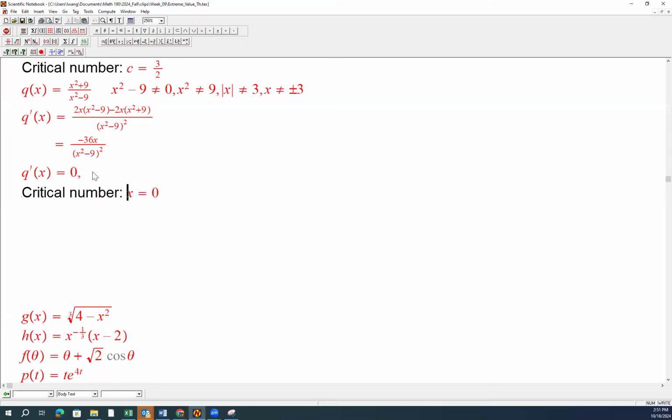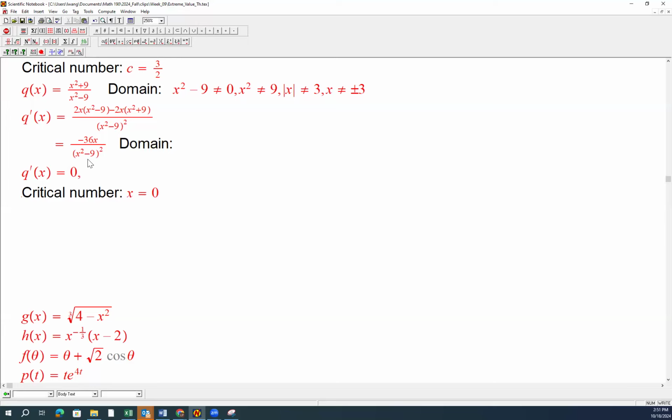Are there any numbers where the derivative does not exist? Well, the domain of the derivative is the same, right? So this is the domain, hold on. Domain of the function and domain of the derivative.